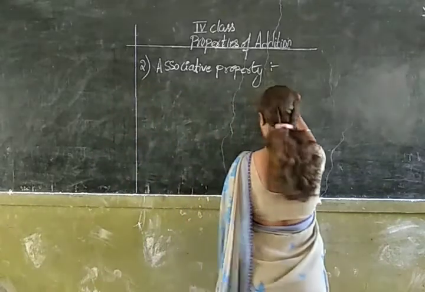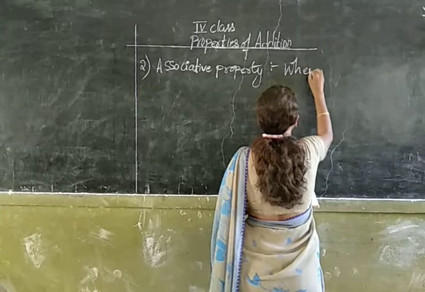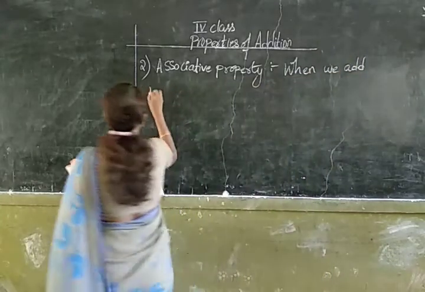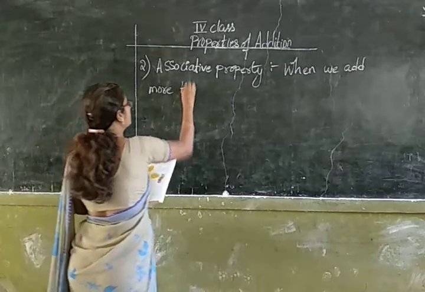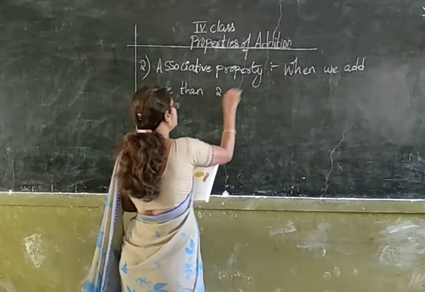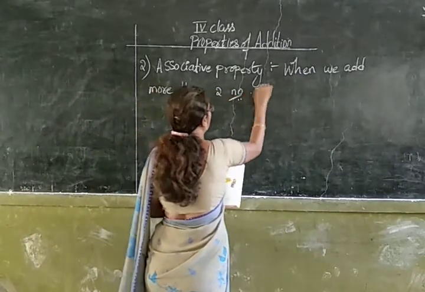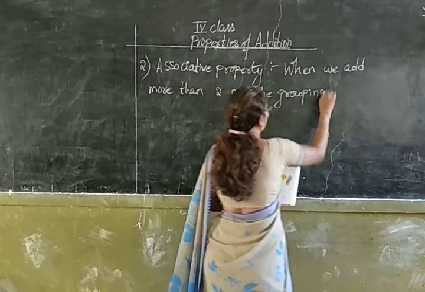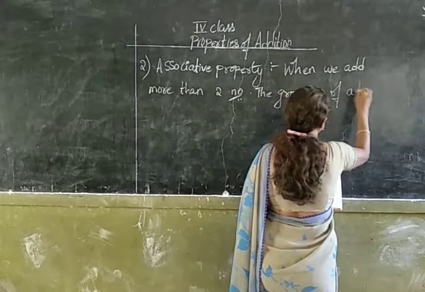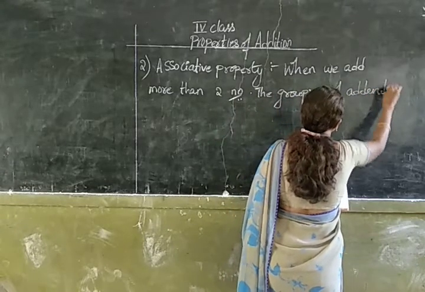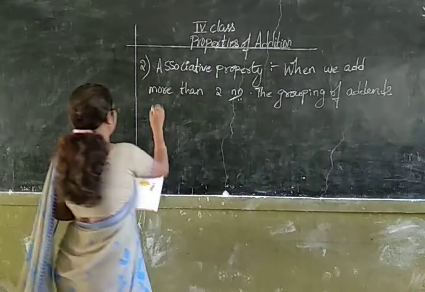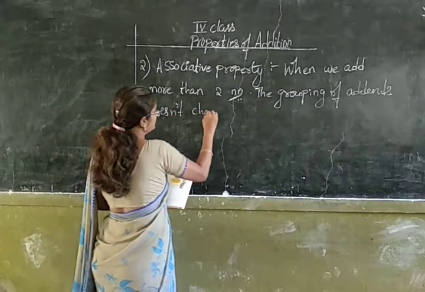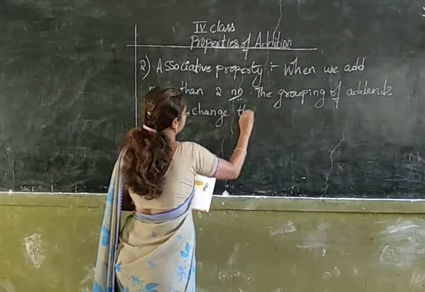When we add more than two numbers, the grouping of addends does not change the sum.